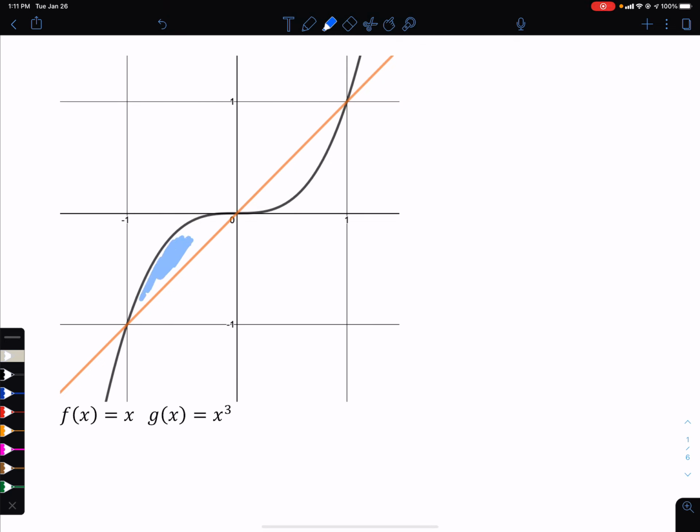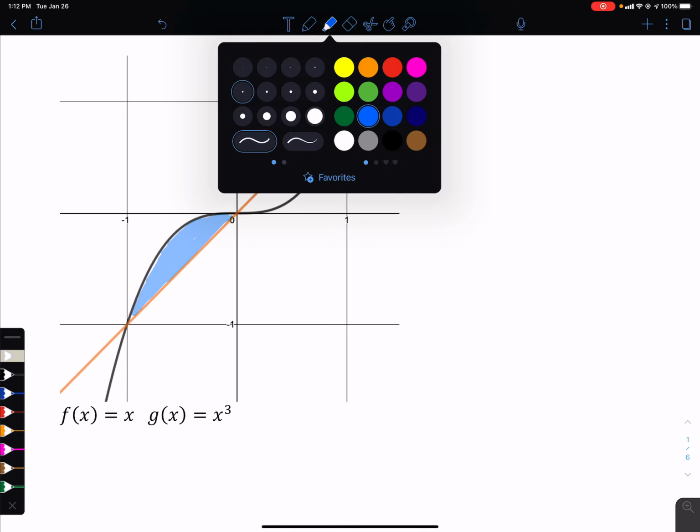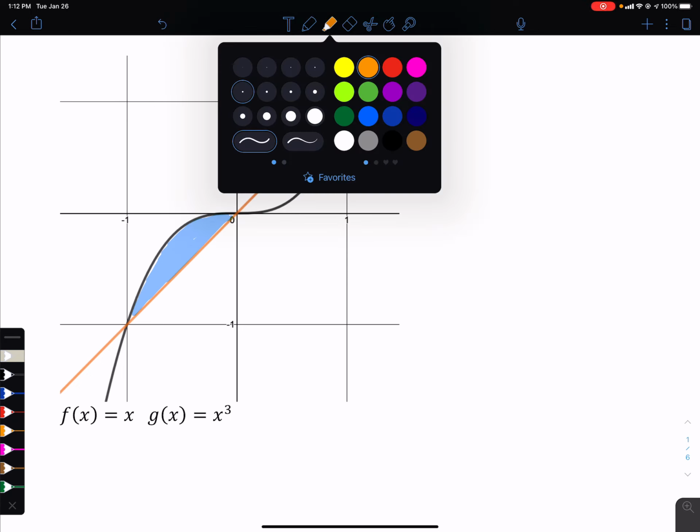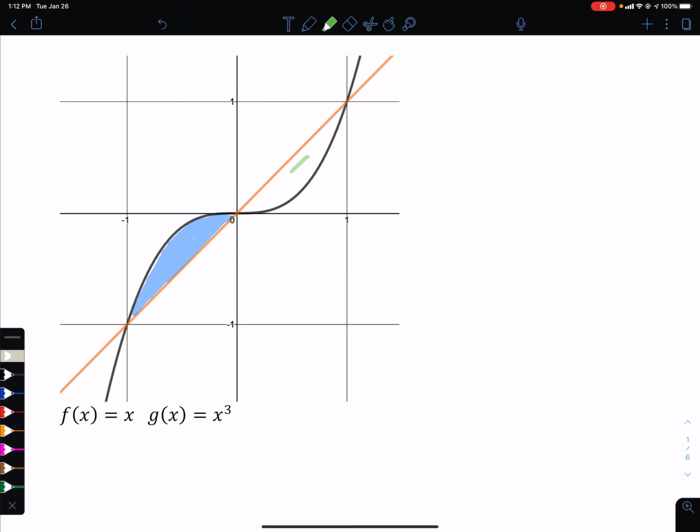So this first one is the region bounded by the two functions f of x and g of x. So you have this section down here, and then you have the section above. I'll shade a different color. I'll do green.